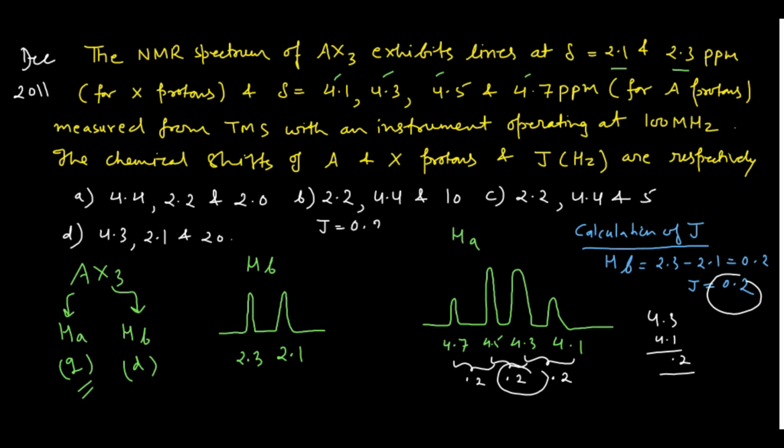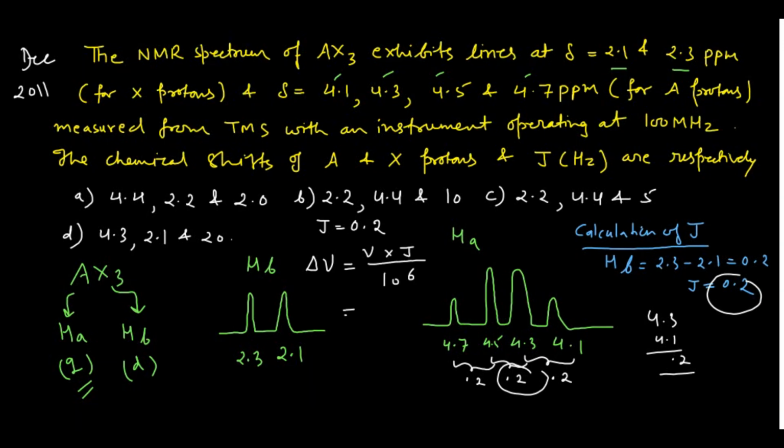Okay, but you need to calculate this value in hertz actually. So how can you go for this? The formula is quite simple. Delta nu, that means the separation in hertz, equals nu given, multiplied by the value of the coupling constant, divided by 10 raised to the power 6.